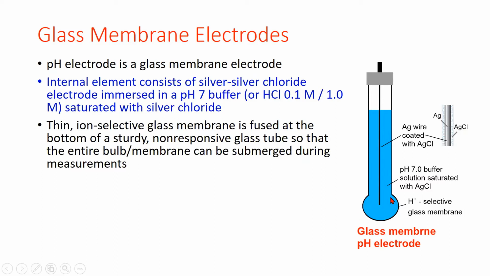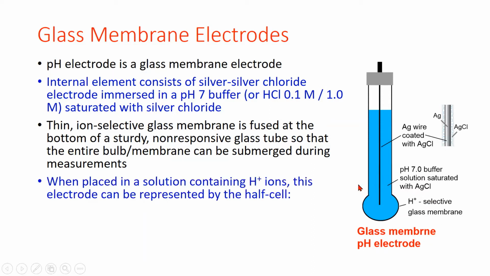A thin ion selective glass membrane is fused at the bottom of a non-responsive glass tube so that the entire bulb can be submerged during measurements.